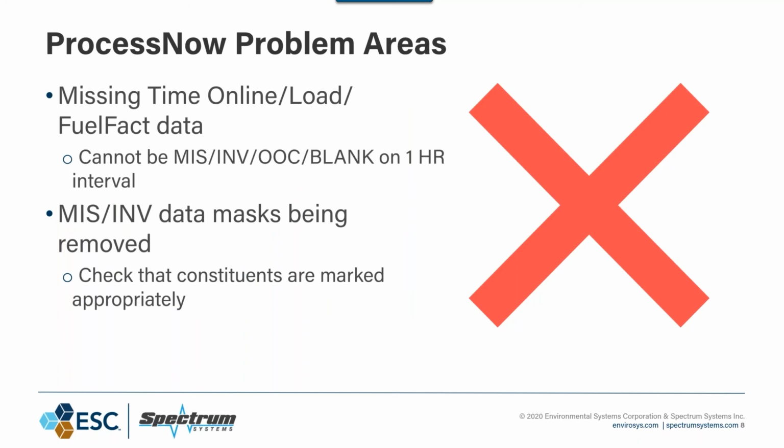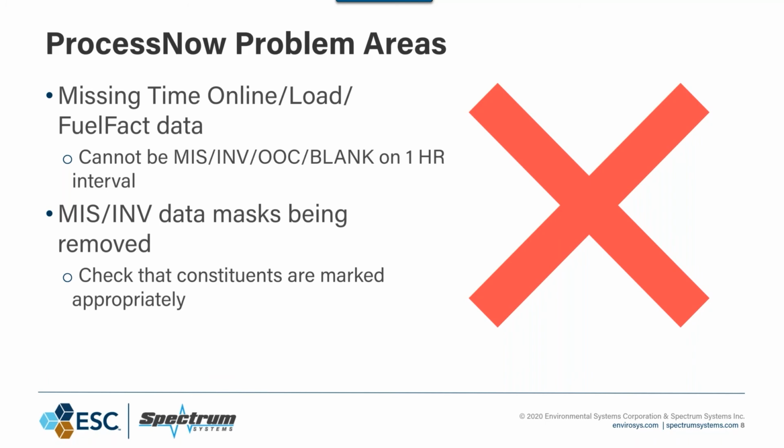Just to reiterate some of these common Process Now problems: missing time online, missing load, or fuel factor data. If any of these configured parameters are missing or have a blank value or field, Process Now will fail. If you have missing, invalid, out of control flags associated with these reported parameters, Process Now will fail.